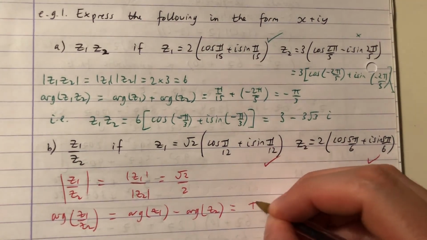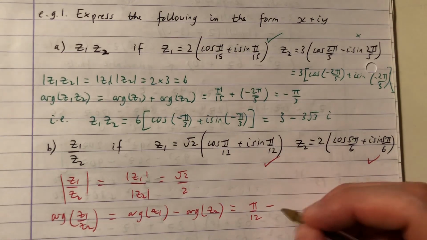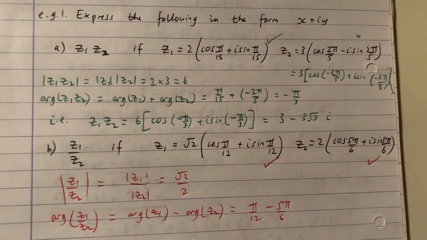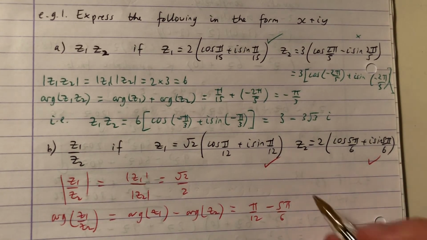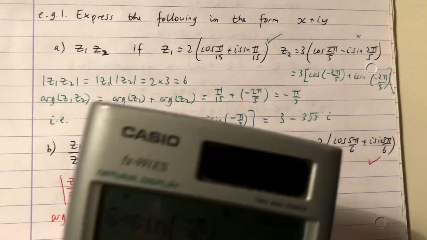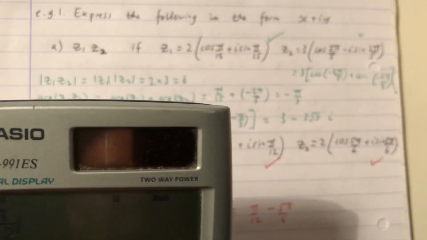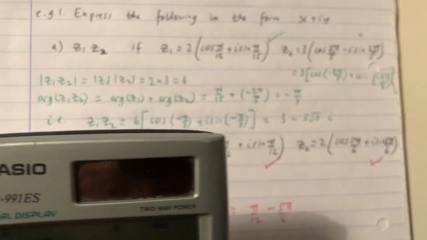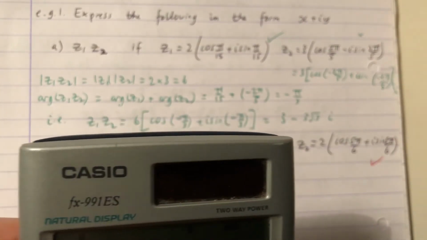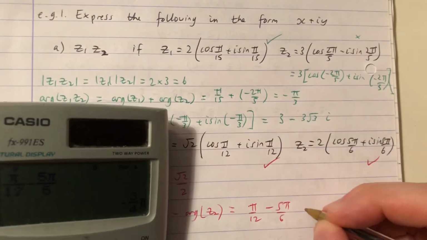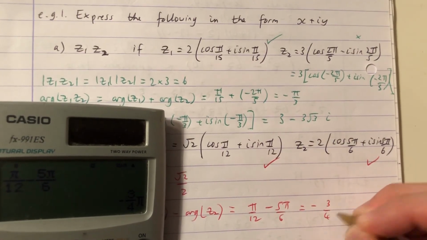Pi by 12, subtract 5 pi by 6. What would that be? I can use the calculator. It's minus 3/4 pi.